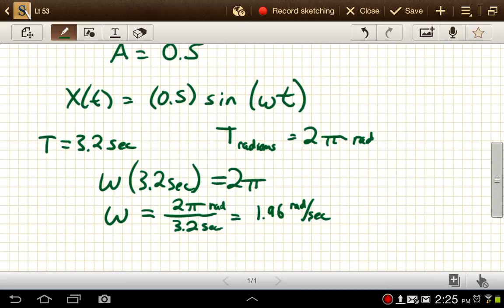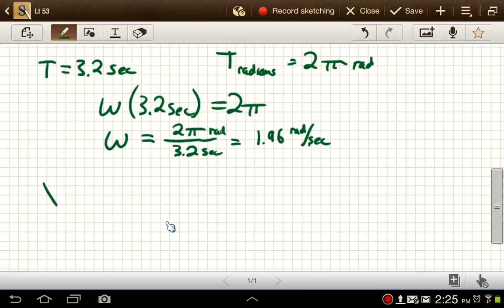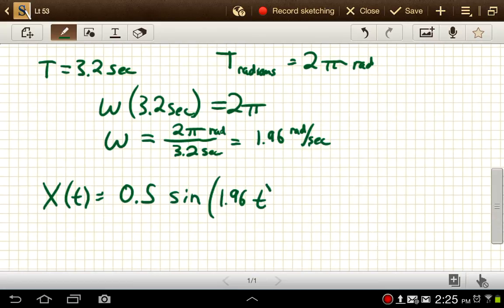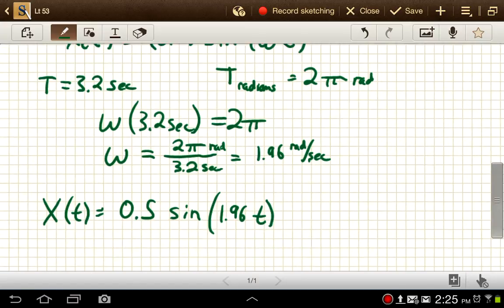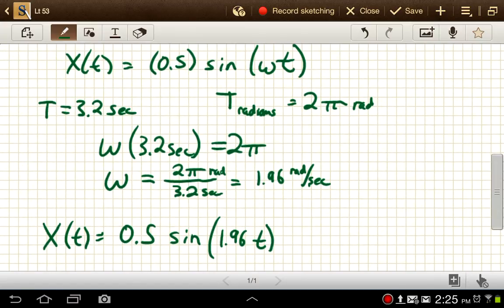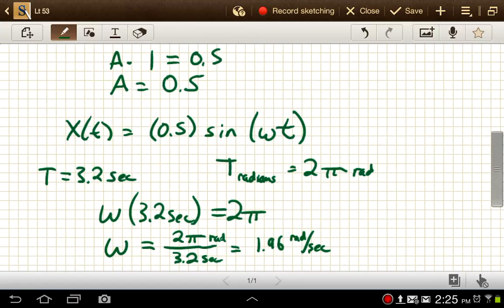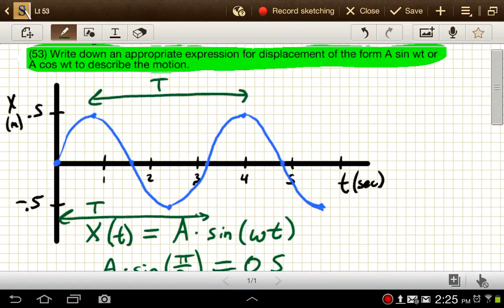All right, so now I've got A and I've got omega, so I can write my equation. x of t is equal to 0.5 times the sine of 1.96 times t. Let's double check our equation and make a prediction using our graph. According to this graph, at a time of 4 seconds, we have a position of 0.5.